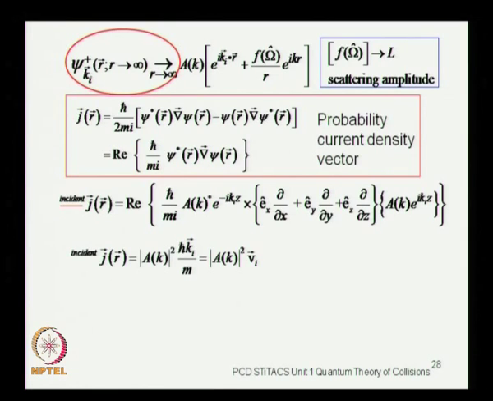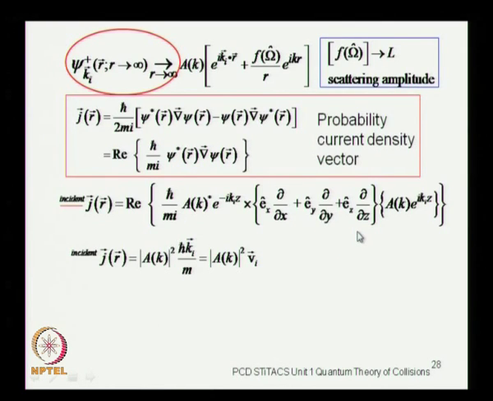So, our first focus is on the current density vector, the probability current density vector with reference to the incident wave alone, and this, as you can see, this wave function depends only on z. So, partial derivatives with respect to x and y will vanish.